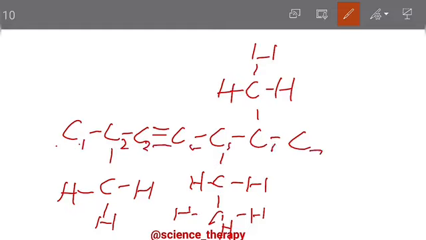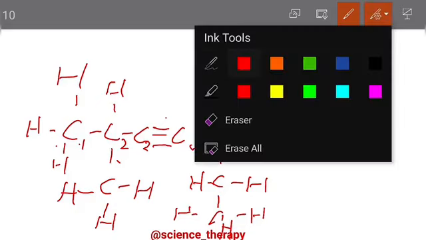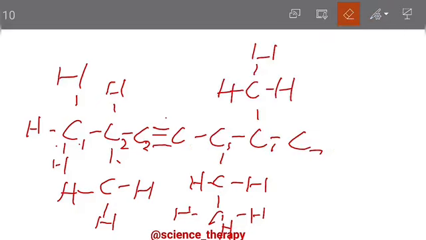Then we can just fill in the hydrogens where we need to. Then 1, 2, 3, fill it here. Then here it's already exhausted. For this one it's 1, 2, 3, 4, and then we have another one here.